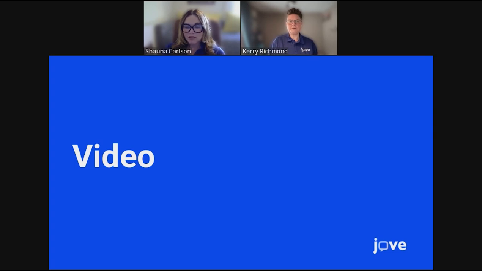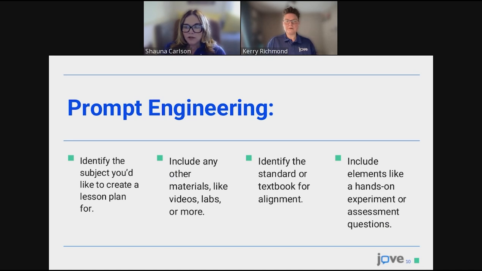All right, so that's one of the supplemental tools that we want to try to include in our lesson plan. As we move forward, this is where we start to build out that lesson plan and identify all the things that we want to include in there using AI. So one thing that maybe some of you have heard of before, I'd be curious if you have or not, if you want to drop it into the chat, if you've heard of prompt engineering.